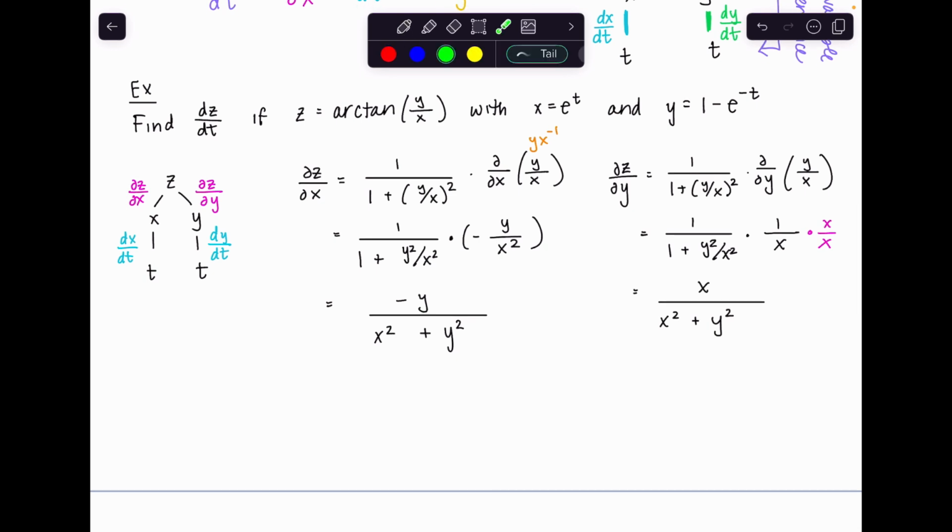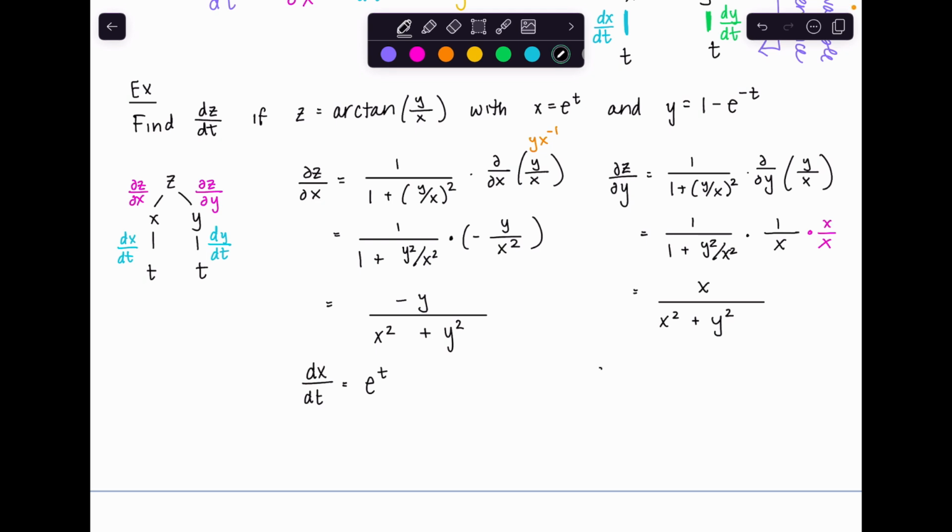So now I've got this first layer done. I need to find the second layer. And thankfully that's much nicer. I'm going to go ahead and take the derivative of both of these with respect to t. And those, again, are going to be full derivatives. So the derivative of x with respect to t is thankfully just e to the t.